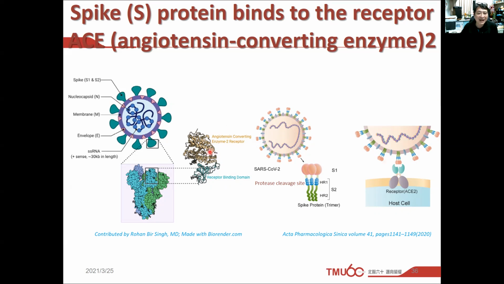It's the binding site between the virus and the cells. The S2 region includes the HR1 domain and HR2 domain. The S2 is very important for fusion between the membrane of the virus and the membrane of the host cells.